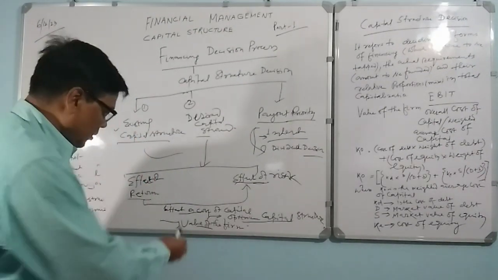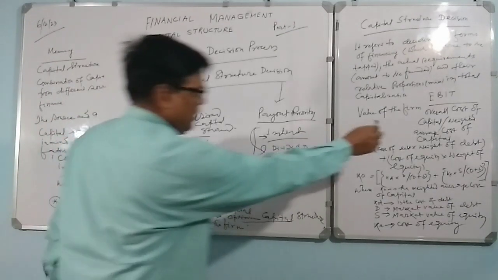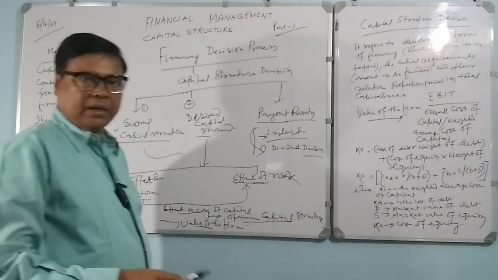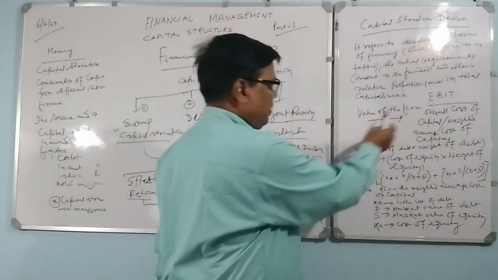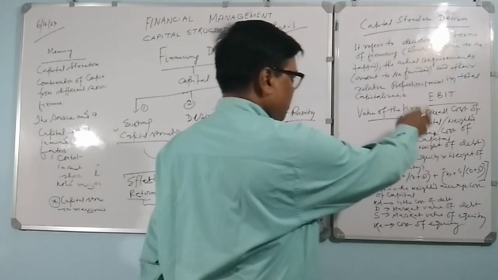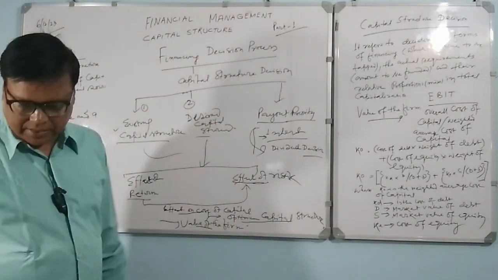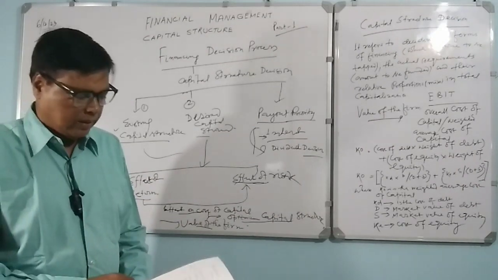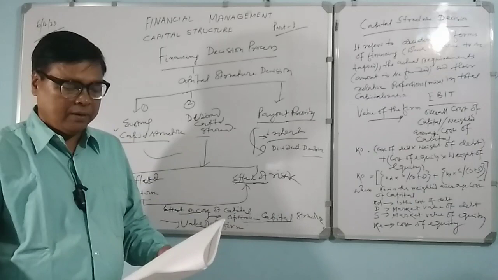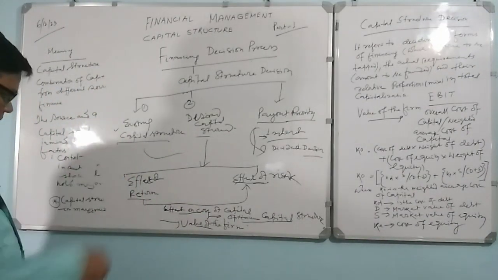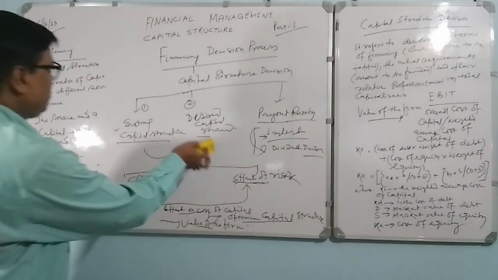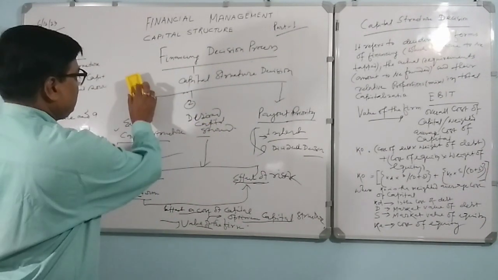That value of the firm is very vital to take care of. As explained, value of the firm is EBIT by overall cost of capital, a ratio between earning before interest and tax and overall cost of capital. So this is the important financing decision part that we have discussed here. Ultimately you have to make a good value of the firm.